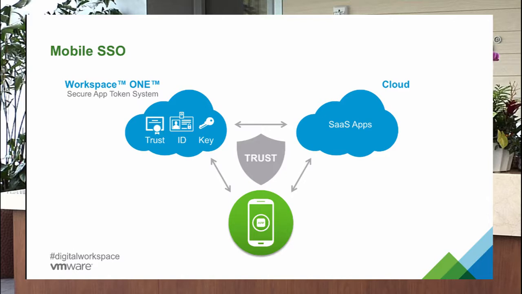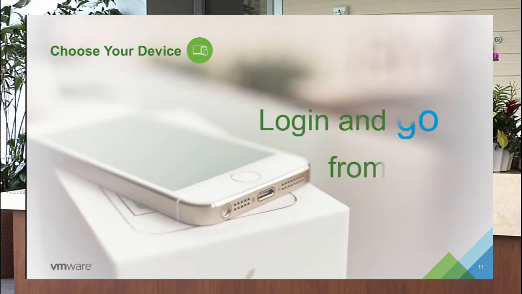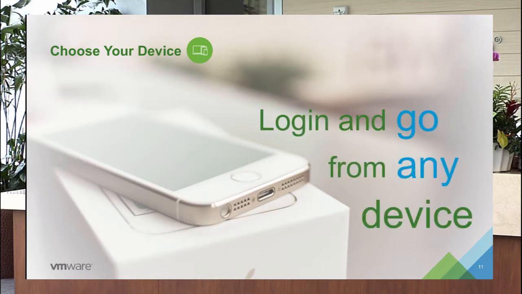So again, having that trust identification and be able to leverage biometrics and digital keys to not only provide access to applications and services that exist inside of the data center, but like I said, maybe even SAML-based applications where we can federate forward so that we're not having to wind and unwind users as they're being onboarded and offboarded inside of companies or different divisions. This really gives users the ability to kind of just log in and go from anywhere. They get the box, they open it up, and they're ready to roll.